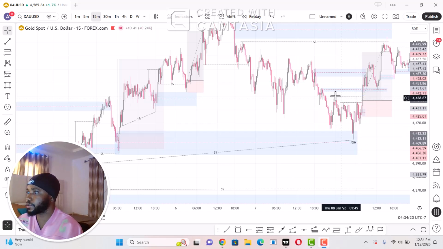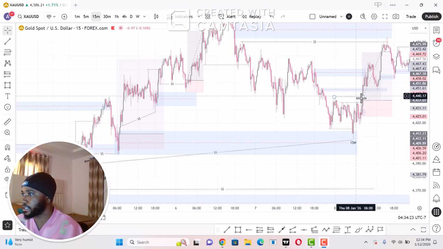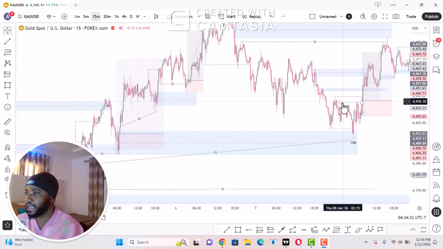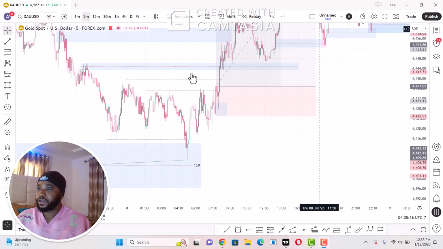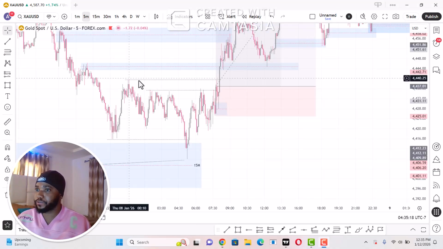I wanted to wait for the market to take this high before I reacted, but I made use of this inner high. This inner high, right? Let's go to 5 minutes for a clearer view. Like I said, I actually wanted to wait for the market to take out this main high before I reacted.